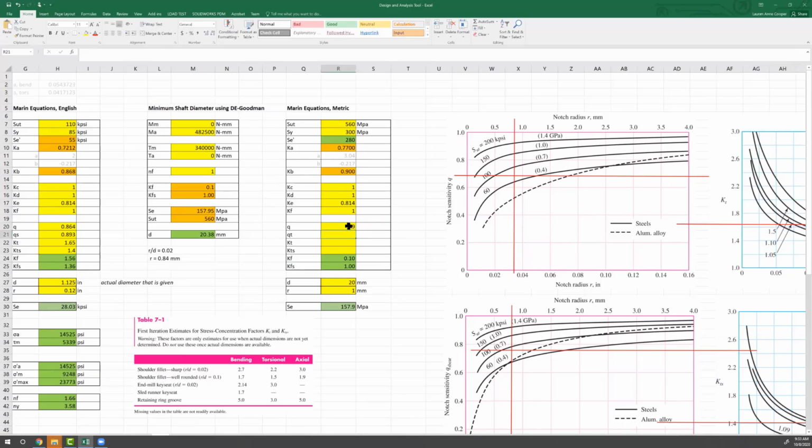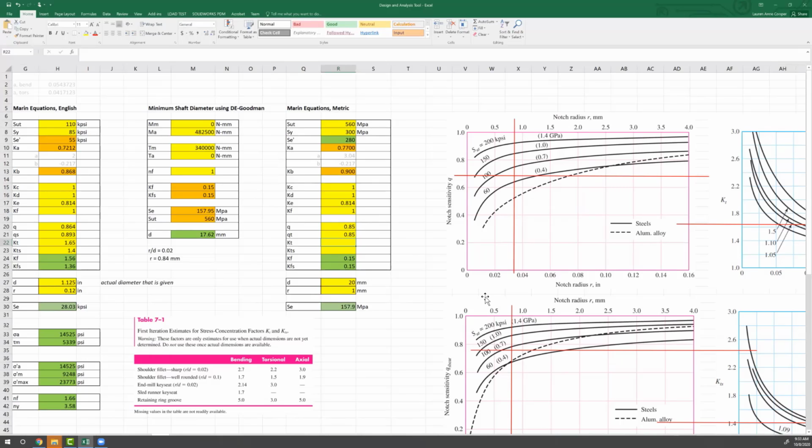That's probably quite a bit high for our situation because we are starting with a pretty low strength steel. So just based on experience, I might lower these to 0.85 or even 0.8, but we'll go with 0.85. So again, the higher the q and the qt, the more notch sensitive your material is, and usually the stronger your steel, the more brittle it is, so the more notch sensitive it is. So that's the relationship there.